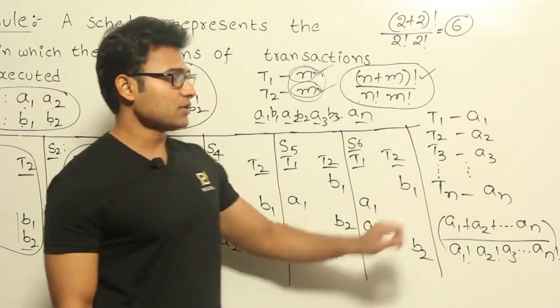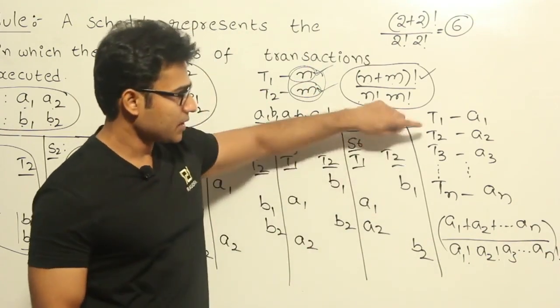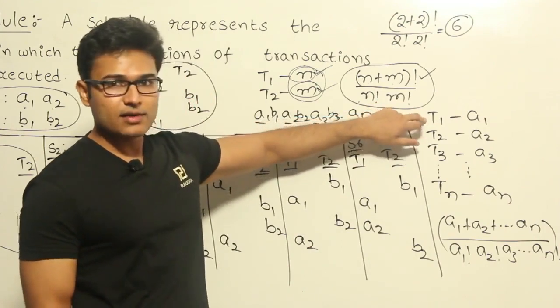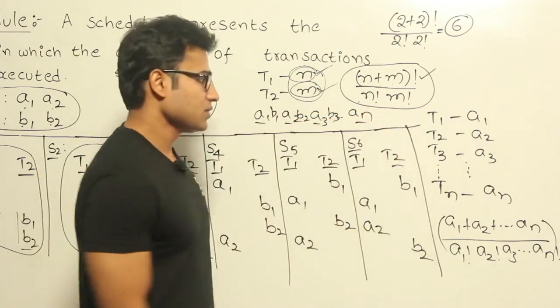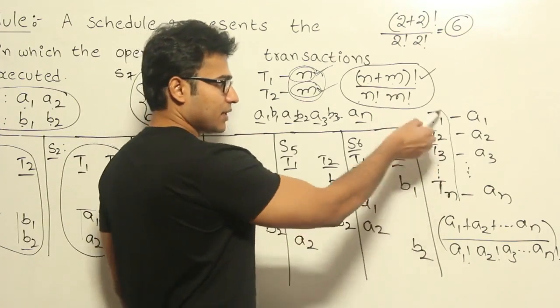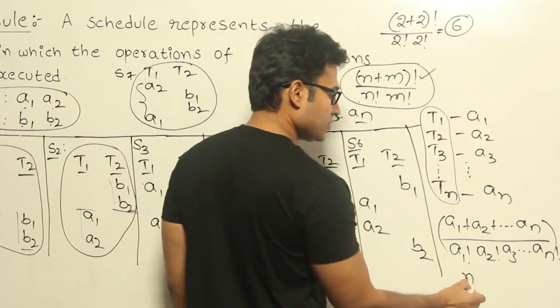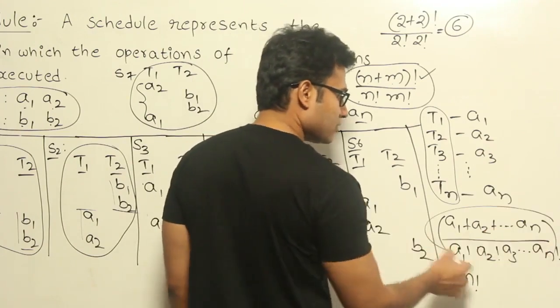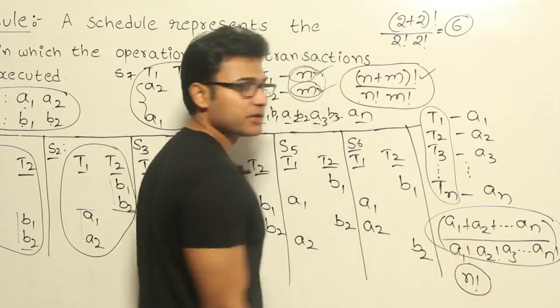Now out of these schedules, how many schedules will be serial? Serial means we have to execute one transaction completely and then the next one and then the next one, like that, right? With n transactions you are going to get n factorial serial schedules, right? This is the total number of schedules possible, and this is the total number of serial schedules possible.